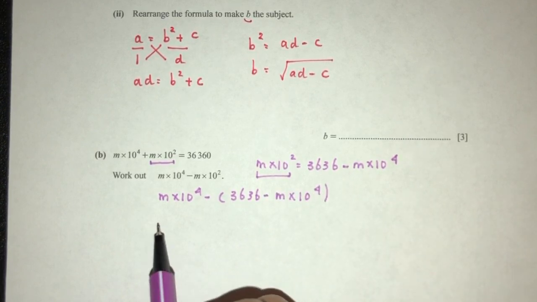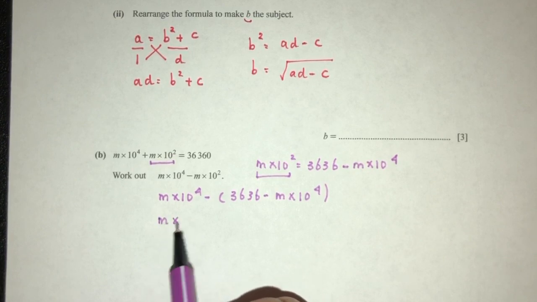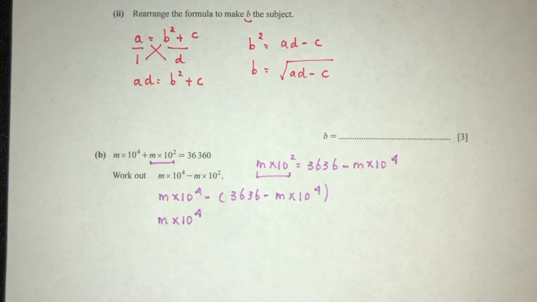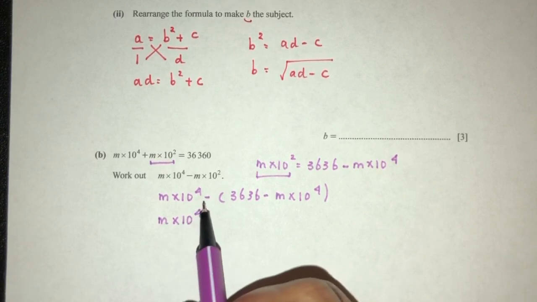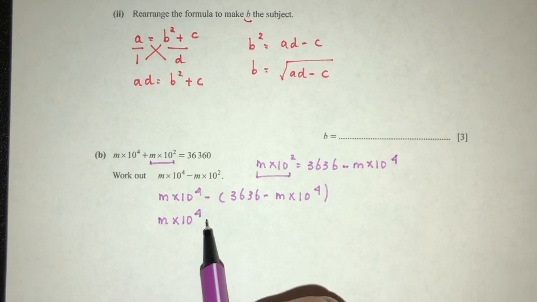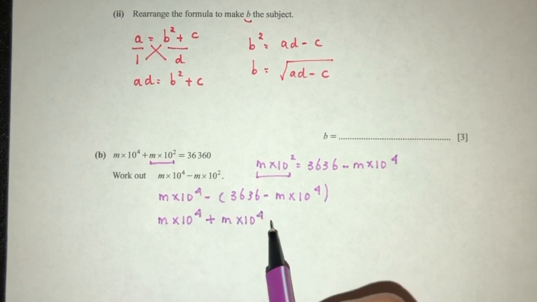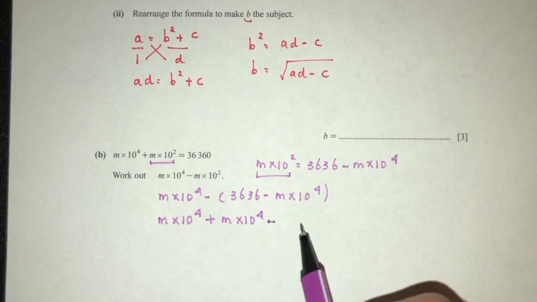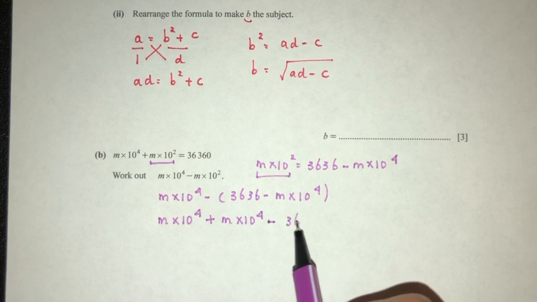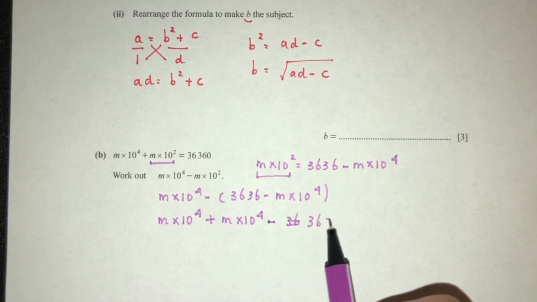So simplify, you will have m times 10 power 4 is equal to what? So that will be plus m times 10 power 4 minus 3636.